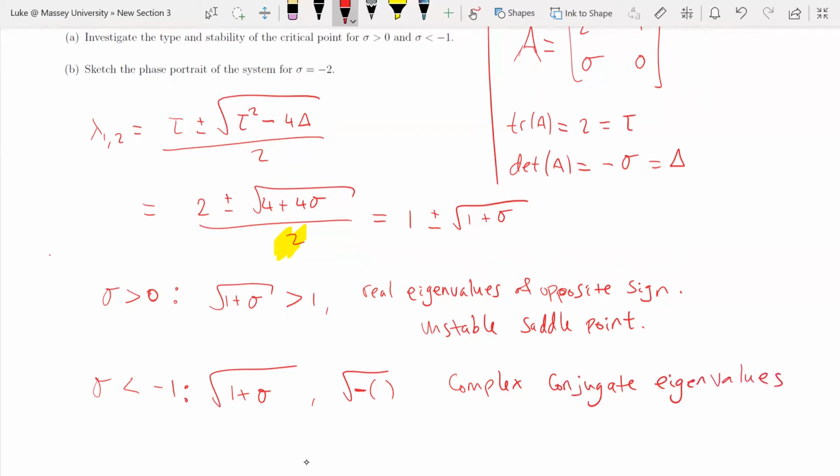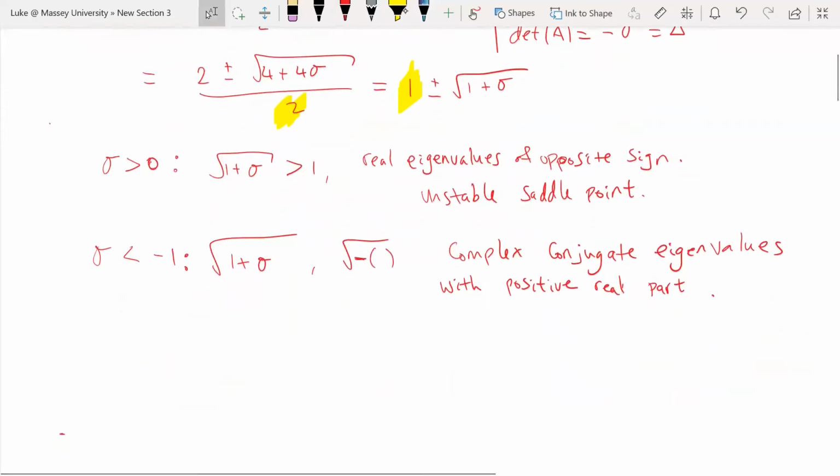Not only that, but we get complex conjugate eigenvalues with positive real part. Again, you can refer to your table of useful information, but if I have complex conjugate eigenvalues, I have a spiral. And if I have positive real part, I have an unstable spiral. So I have an unstable spiral point at 0, 0.